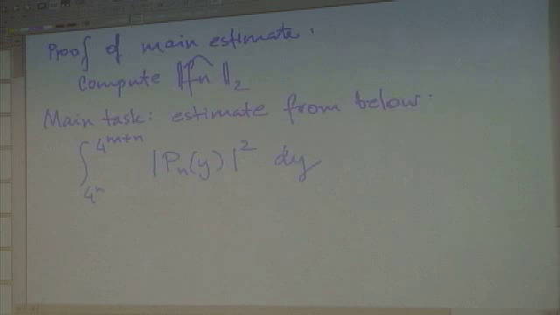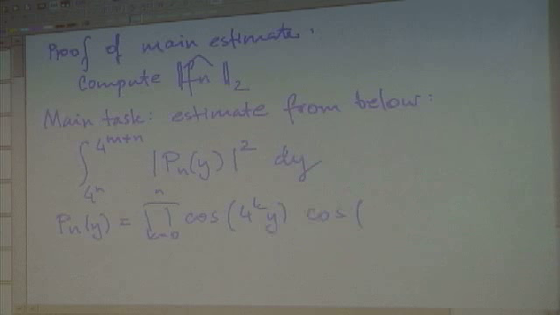And Pn is an explicit trigonometric polynomial. Pn of y is the product from k equals 0 to n of cosine of 4 to the k y times cosine of 4 to the k times ty. And this is specific to the four-corner set. I think you can see why. I don't want to explain how exactly the problem gets reduced to that unless you want my talk to extend to another hour.